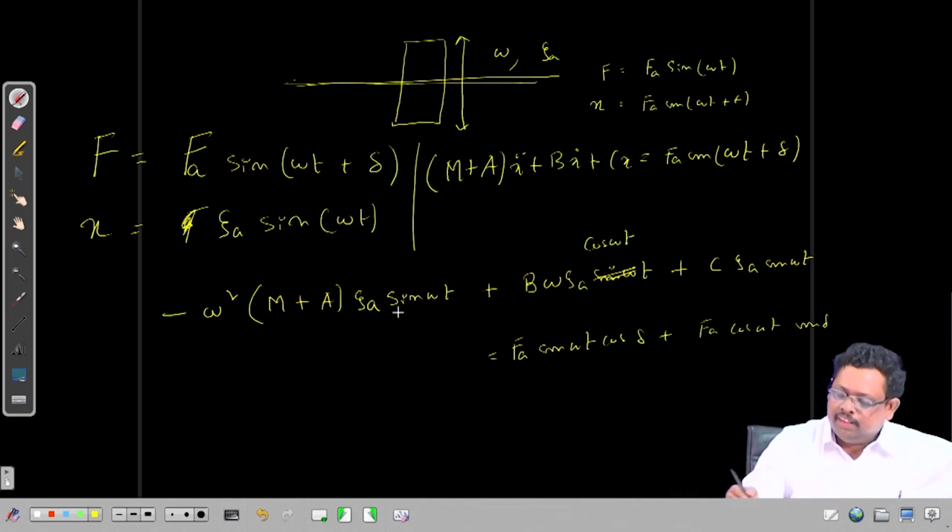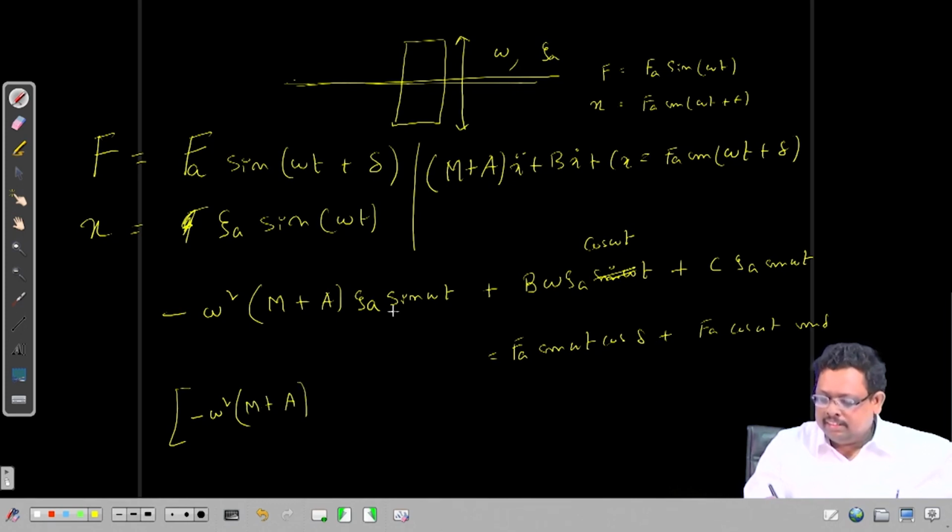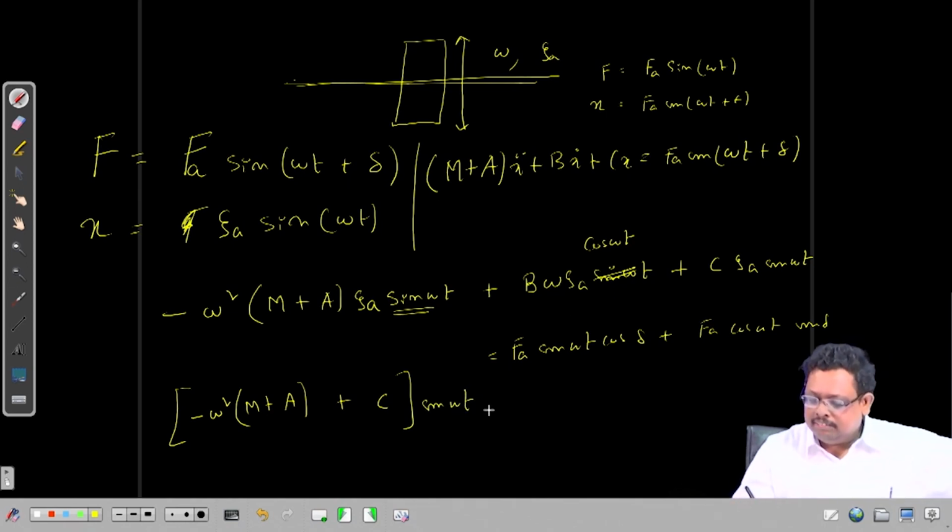So if I do that here, I will get minus omega square m plus a, into xi a sin omega t, plus c xi a into sin omega t, and also the cos omega t term, which is plus b into omega into xi a into cos omega t.